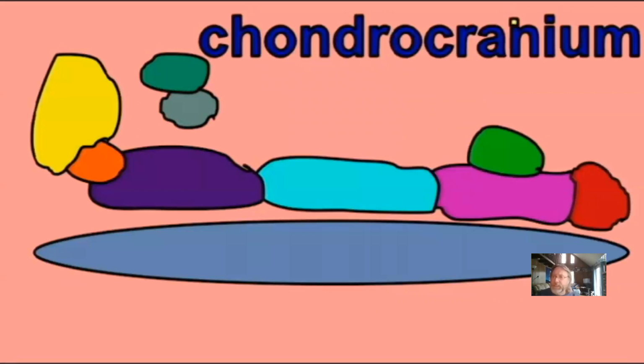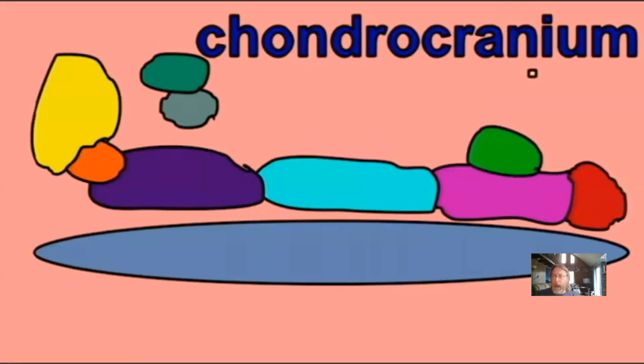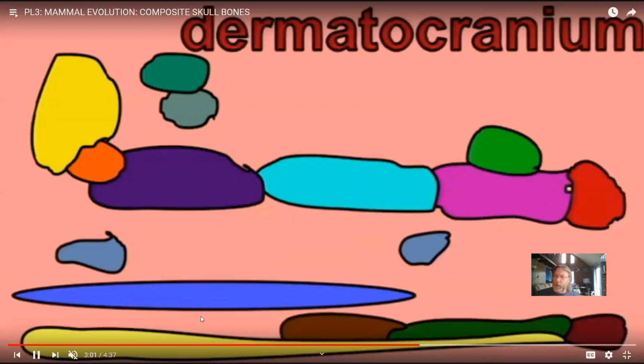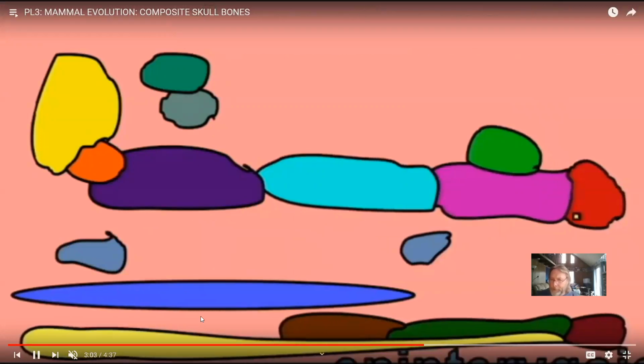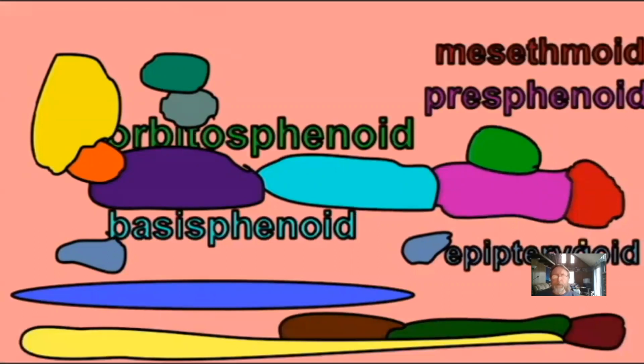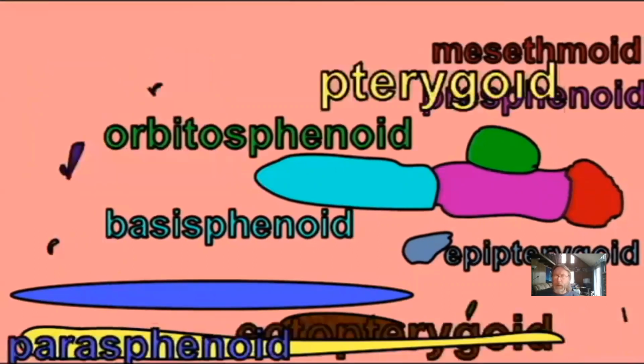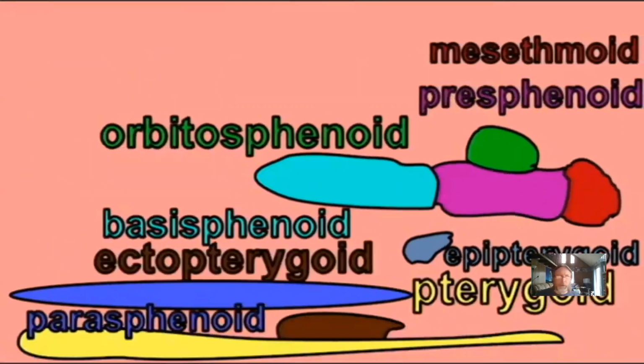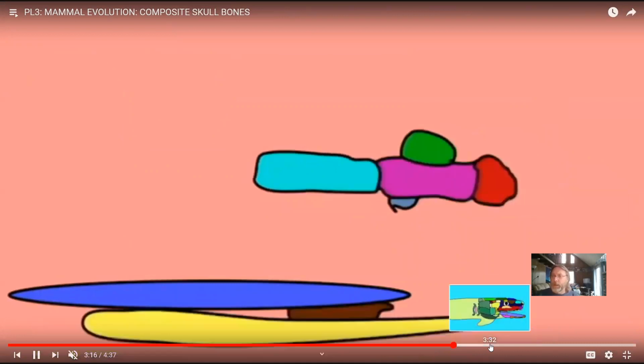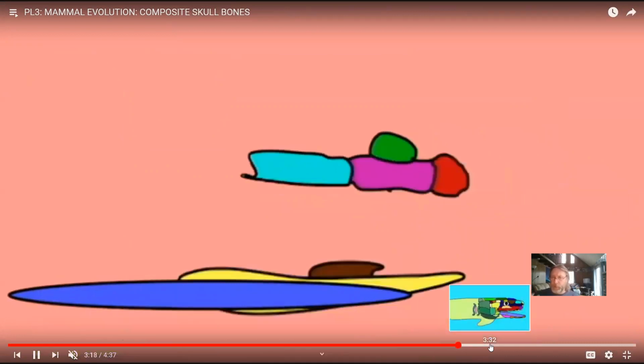And then the sphenoid bone underneath the brain also has all of these separate components. The alisphenoid from the splanchnocranium, but also portions of the chondrocranium and dermatocranium, all fuse together to form the sphenoid. So how does one get this complex vertebrate skull?